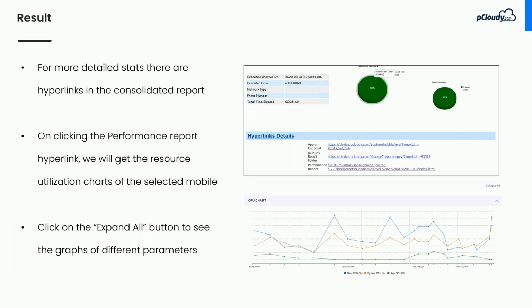Now, a little bit more on this plugin. As I said, we have got the reports. There are reports available on the pCloudy platform as well. From a performance testing point of view, it is quite important that we get a consolidated view of each step, telling us the time of each resource.